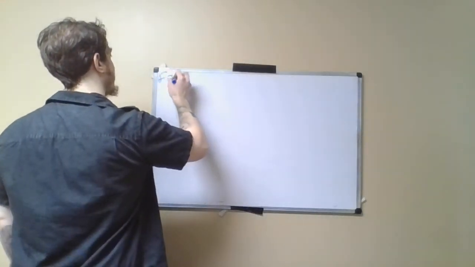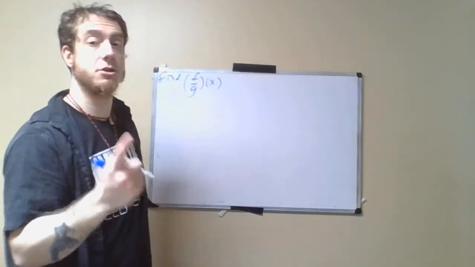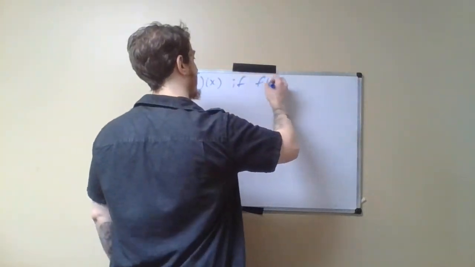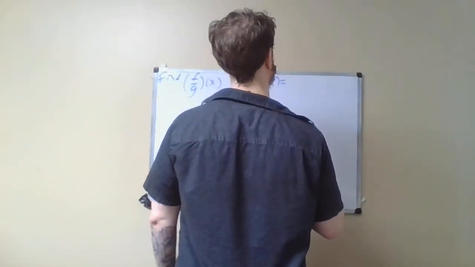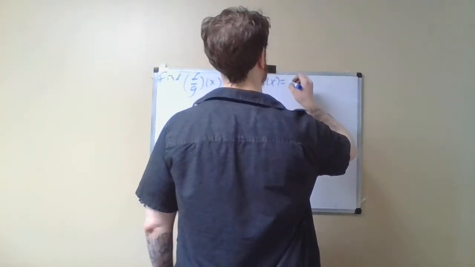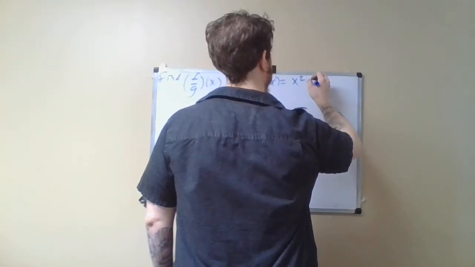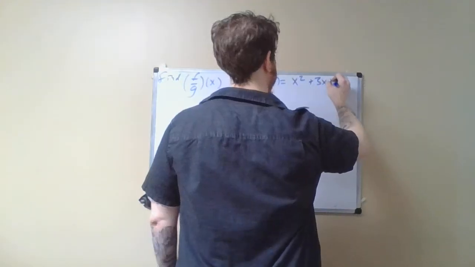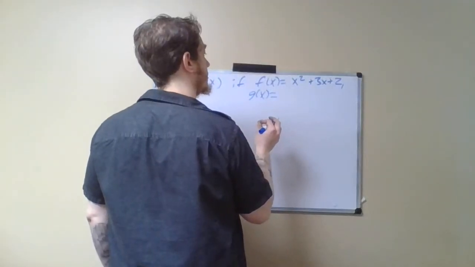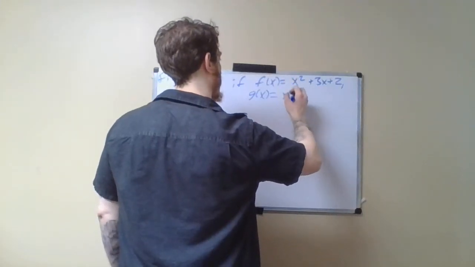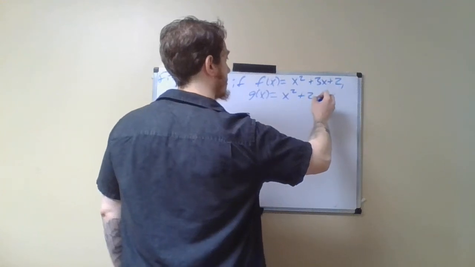So let's find f over g of x, both the expression and the domain, if f of x is equal to x squared plus 3x plus 2, and let's say g of x is equal to x squared plus 2x.